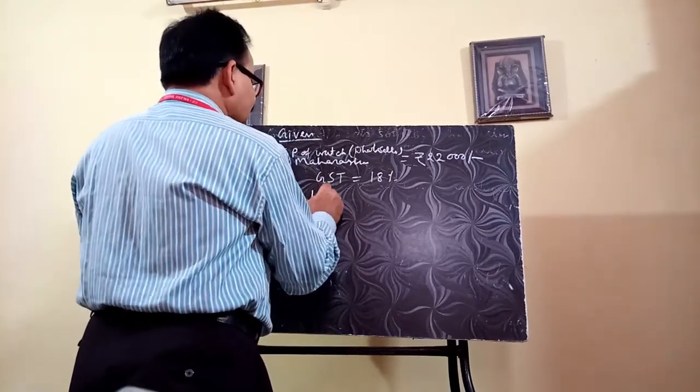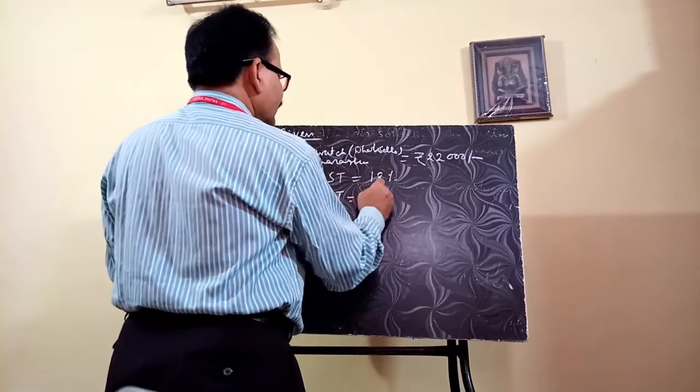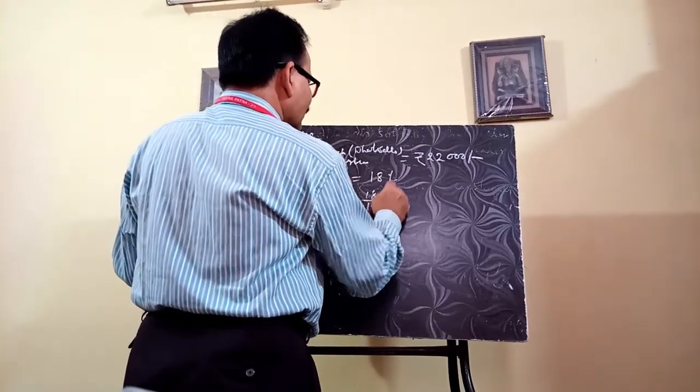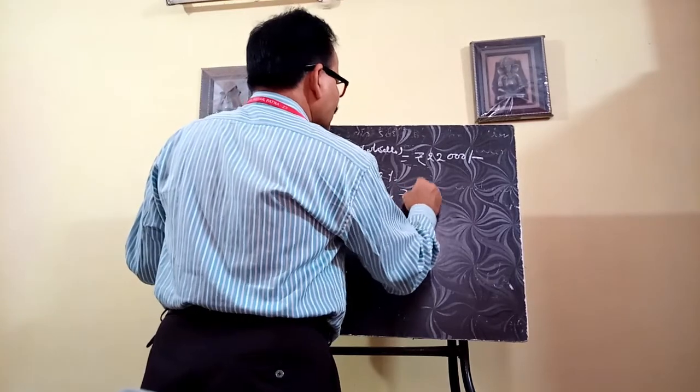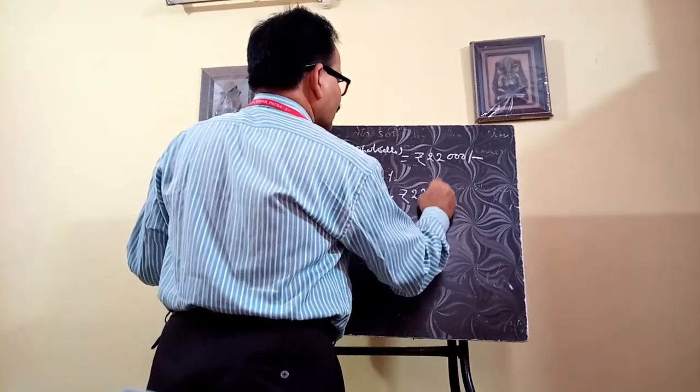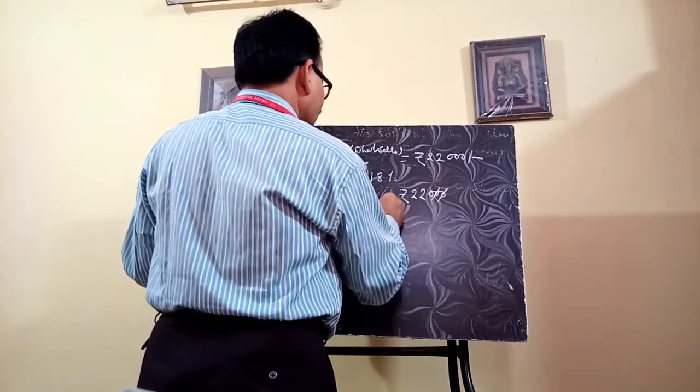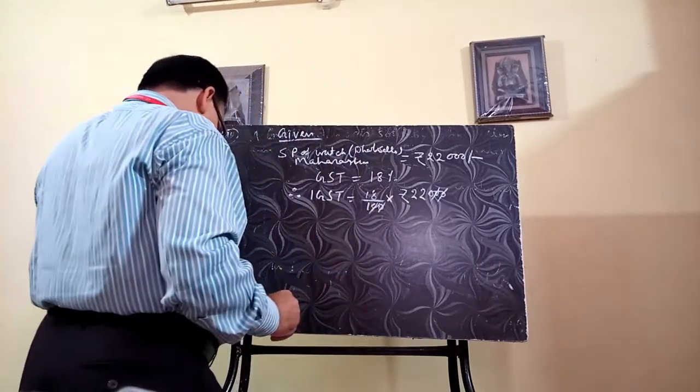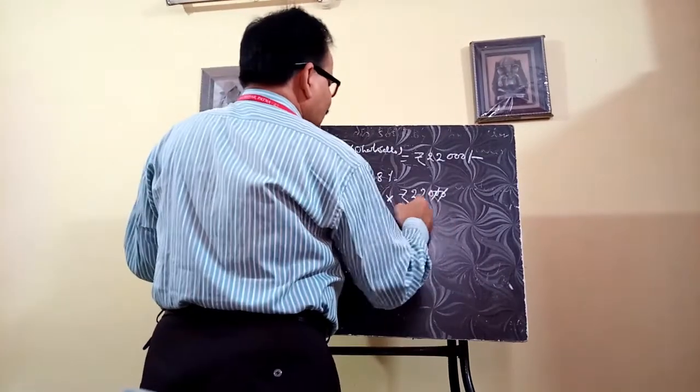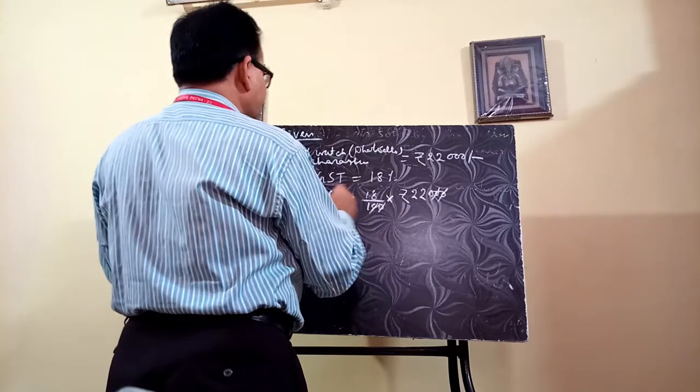Therefore IGST will be 18% of rupees 22,000. So 0 cancel. Now you just multiply 22 and 18.